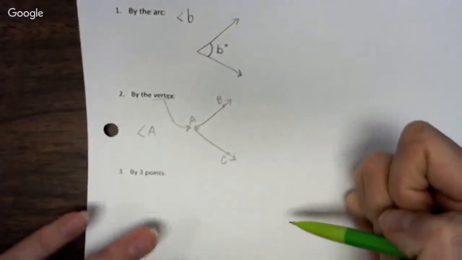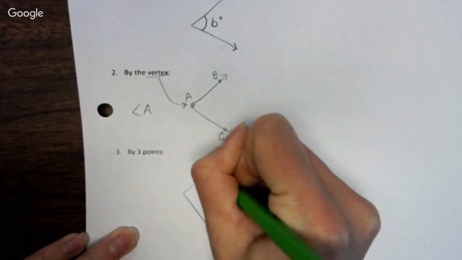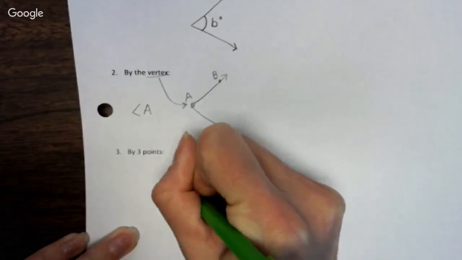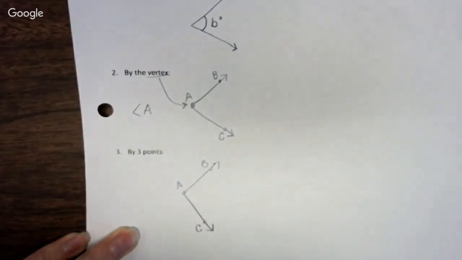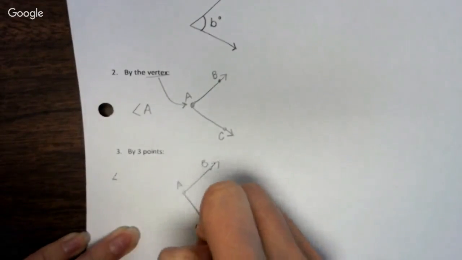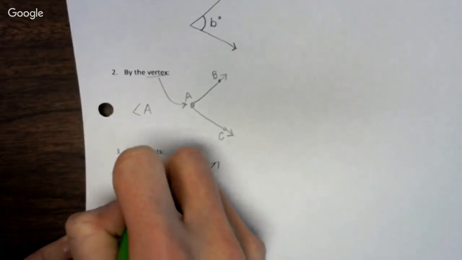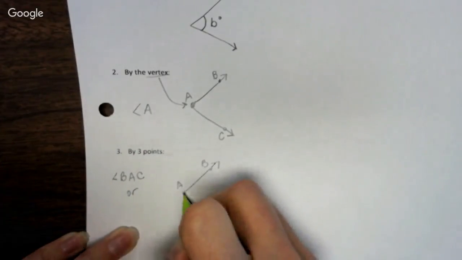Now, let's use that same angle where we have 3 letters. Okay, this angle, we could call this 2 different things. We could call this angle BAC, or we could call it CAB.